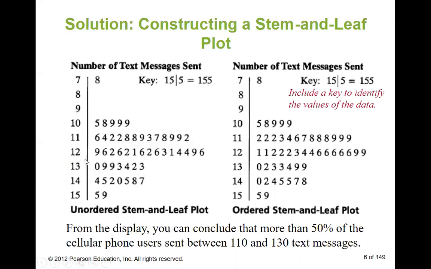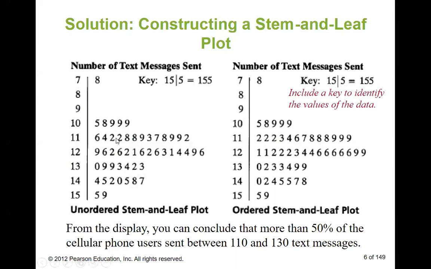Now, I can tell from looking at this one over here, I would have the most number of text messages falling in which group? Looks like the 120s. The most are in the 120s.